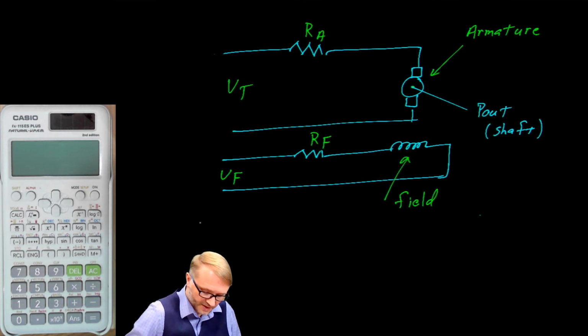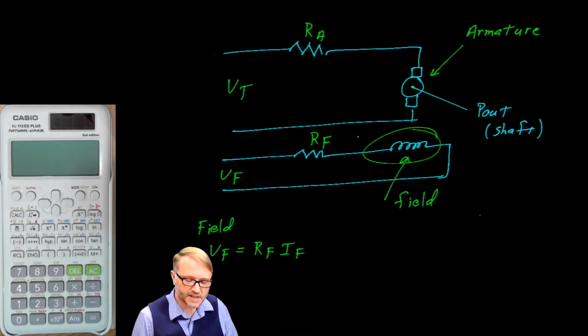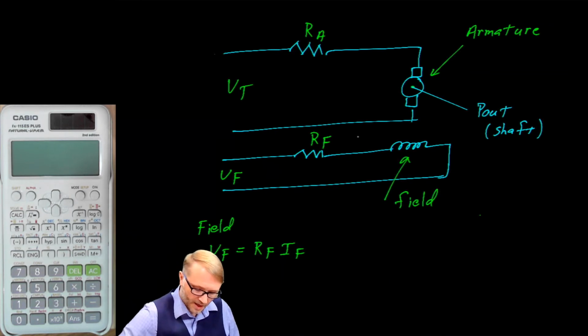As far as the field is concerned, the field voltage is equal to the resistance of the field by the current on the field. So we're basically saying that this coil at DC has 0 voltage drop across it. The armature has an induced voltage which is equal to some motor constant K, phi, and then omega m.